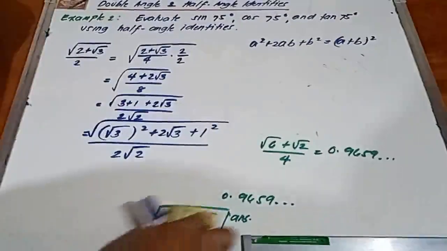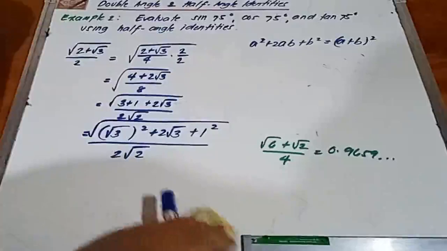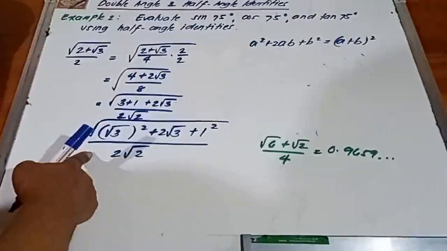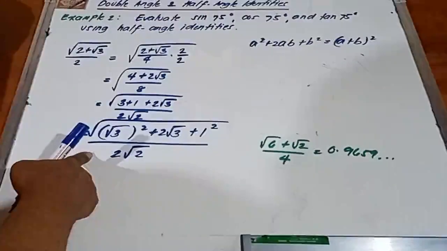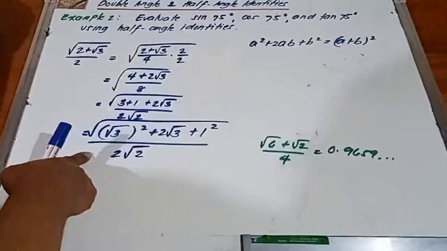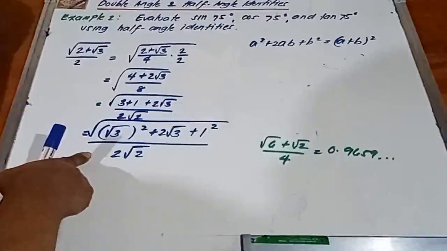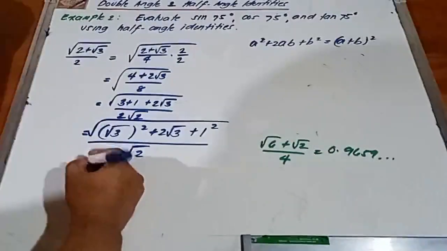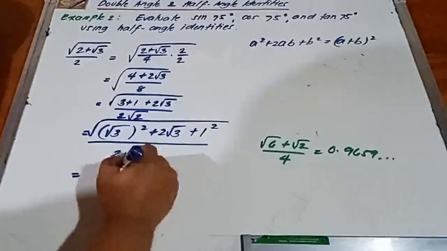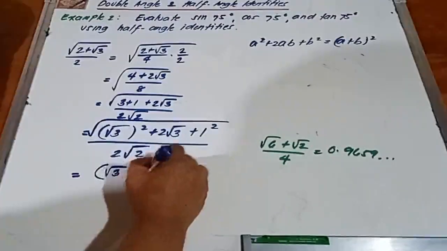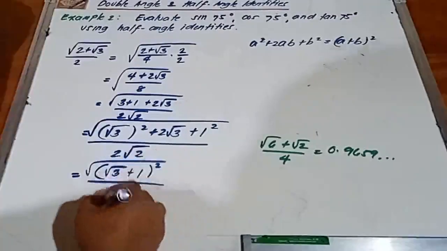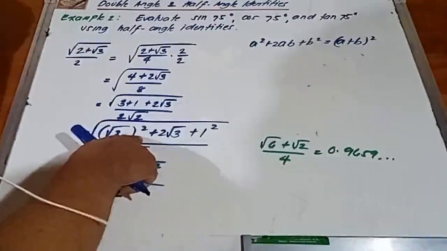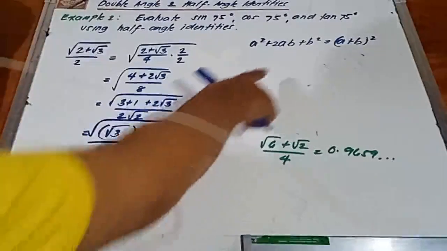Now, the next is pwede natin i-apply yung ating special products dito. Ang a natin dito ay square root of 3. Ang b natin ay 1. So, pag nire-write natin into this form, that is equal to square root of 3 plus 1 squared over 2 square root of 2. Check natin kung ito ang lalabas. Gamit ito. Square of a.